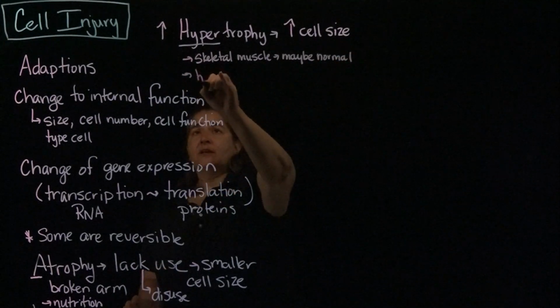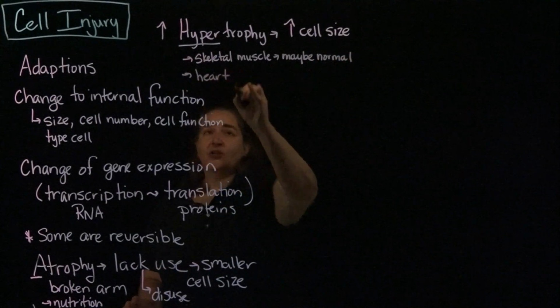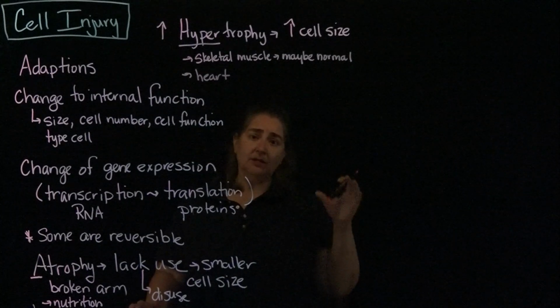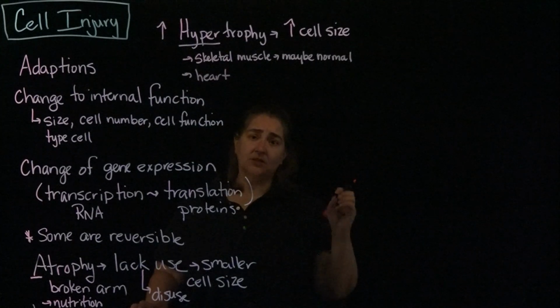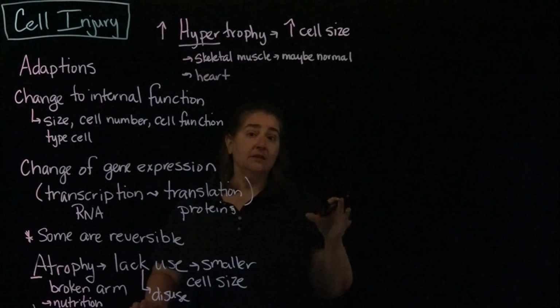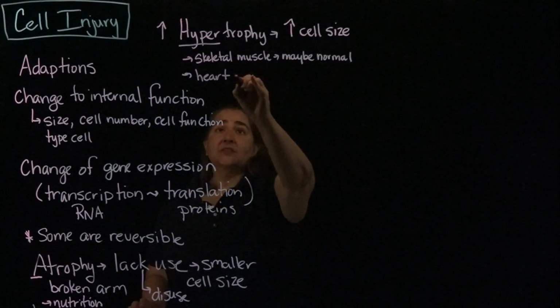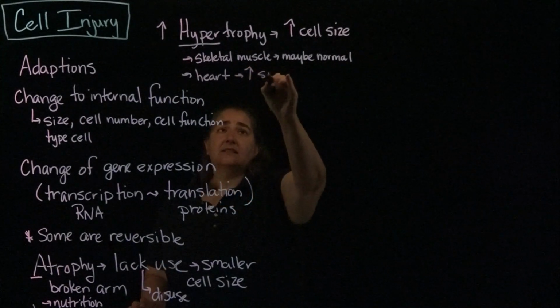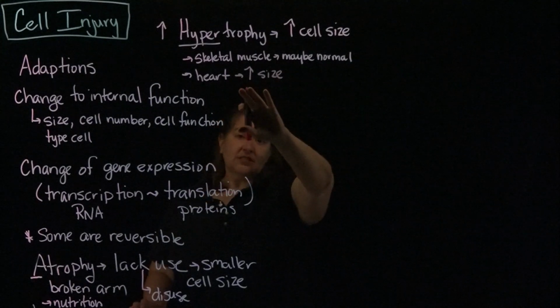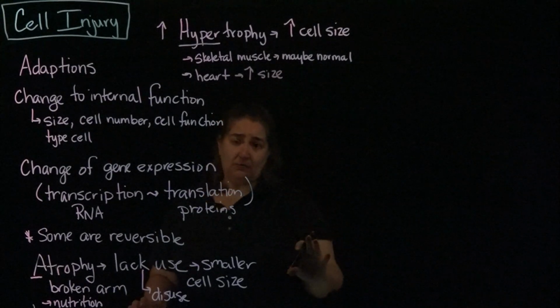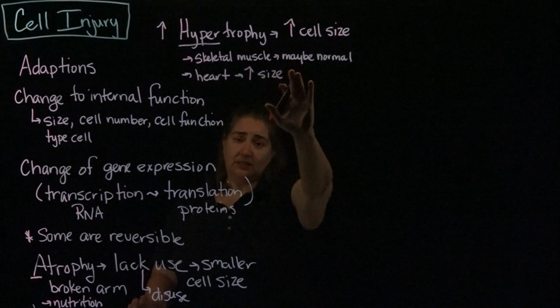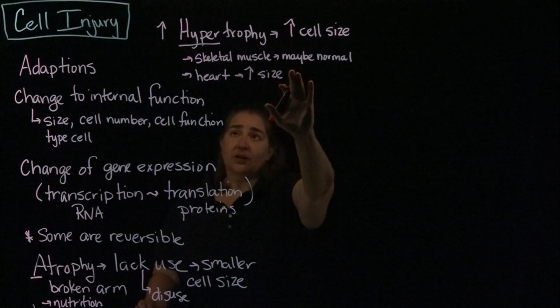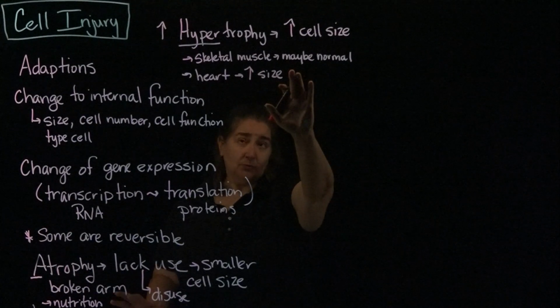But if we pick on another muscle, like the heart, right? If the heart is pumping harder than it needs to, or for other reasons, results in an increase in size, the efficiency of how that heart pumps goes down, okay? And that can lead to disease processes that you'll cover in Patho 2, okay?